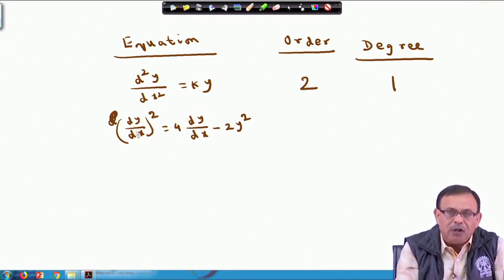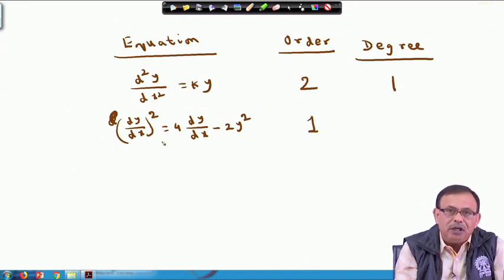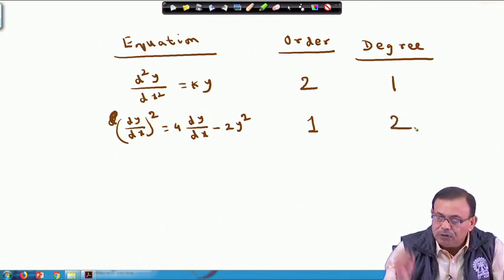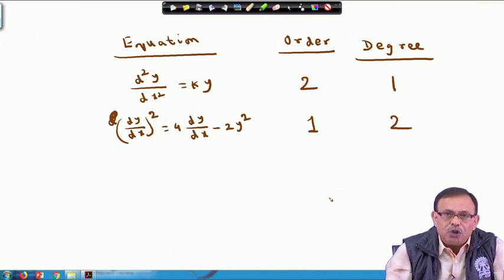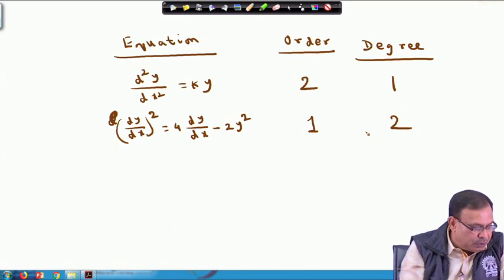That is first order, only dy/dx. Therefore, the order of this is 1 and what will be the degree? Degree is the power of the highest order derivative. Your highest order derivative is dy/dx and whole square is there. Therefore, your degree will be equal to 2. So, for this equation the order is 1, the degree is 2.